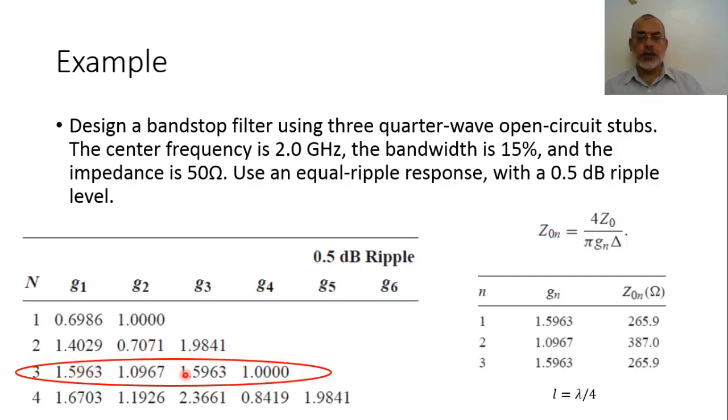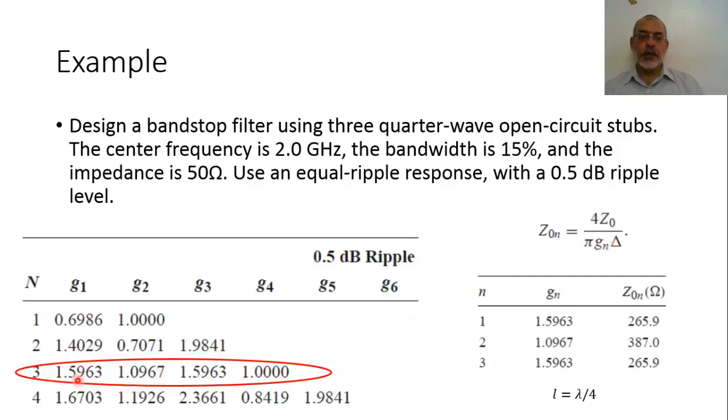From the values of the G, we say that the required characteristic impedance for the stubs is given by Z0n would be 4 Z0 over pi Gn delta. Z0 is 50 ohm and delta is 0.15.